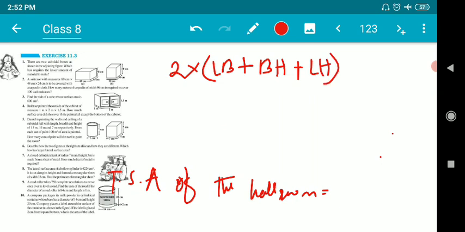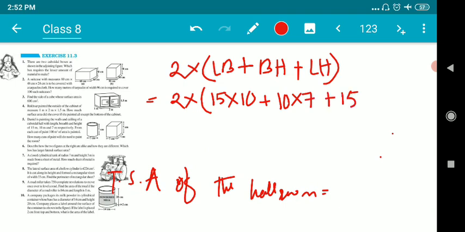Okay, children, the measures are given. 2 into LB means length was 15, breadth was 10, so 15 into 10. Now breadth into height, breadth was 10, height was 7, plus length into height, length is 15 and height is 7.